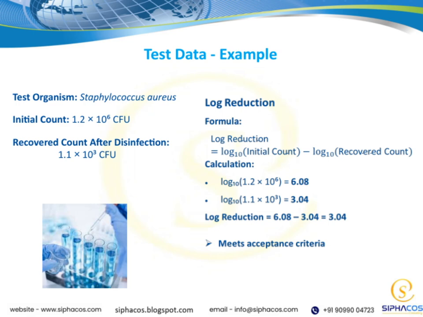This reduction demonstrates the effectiveness of the disinfection method in lowering bacterial presence. It's important to note how this kind of data helps us evaluate and compare different disinfection techniques. Ultimately, this example illustrates the importance of quantifying bacterial reduction to ensure our methods are both effective and reliable, aligning with the overall goal of maintaining high standards of cleanliness and safety.